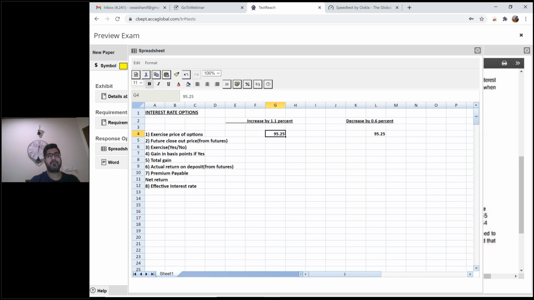Now you need to compare it with the futures closeout price from futures. We already computed the futures closeout price in futures.